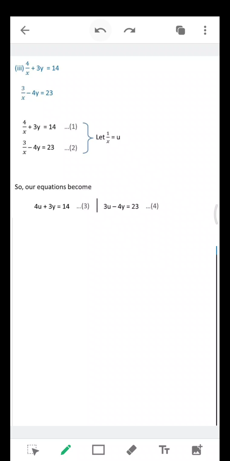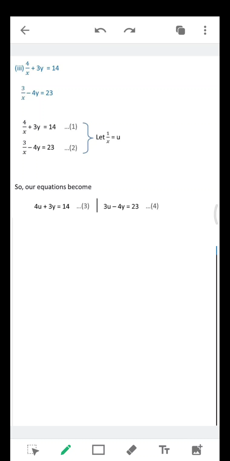So our equations become 4u plus 3y is equals to 14, and the second equation becomes 3u minus 4y is equals to 23. We'll solve these two equations by any method which is easy for you, and we'll find u and y value.